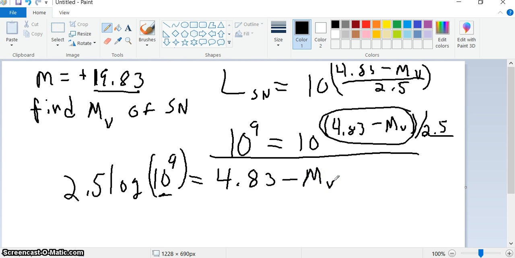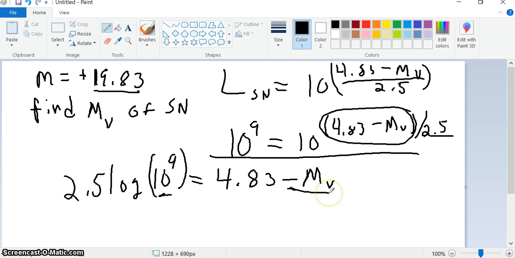All right, so then now it's just a matter of solving this. This becomes the absolute magnitude. This is just 2.5 times 9 minus 4.8, but then of course this is a negative sign.